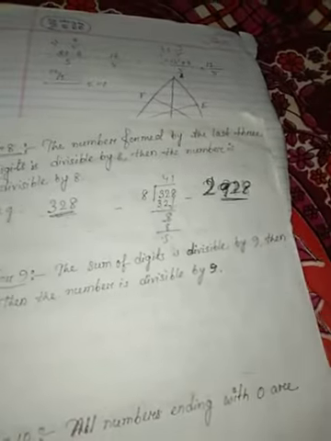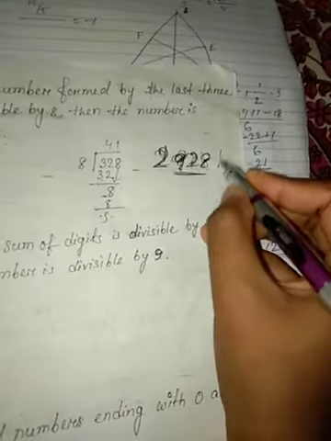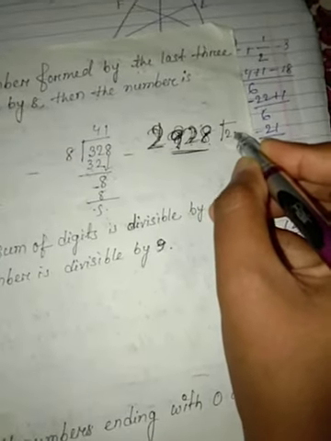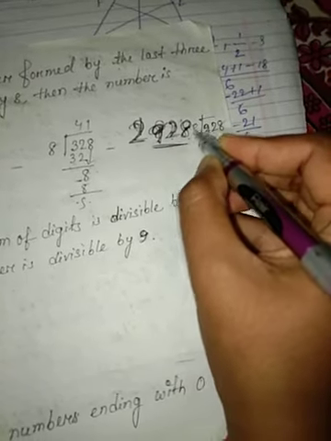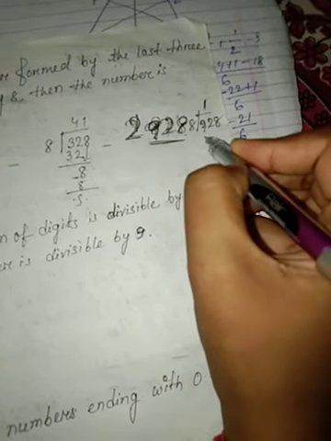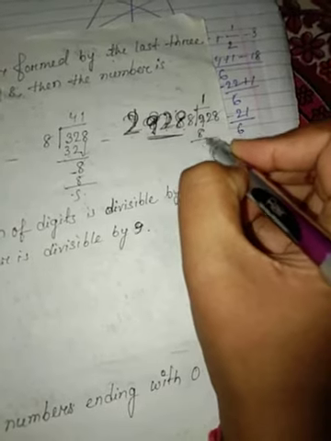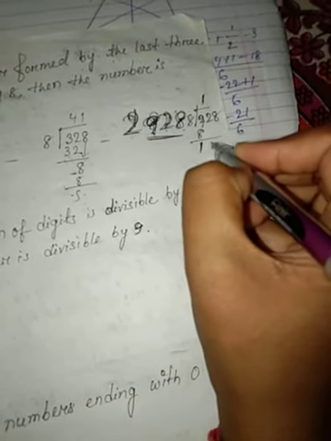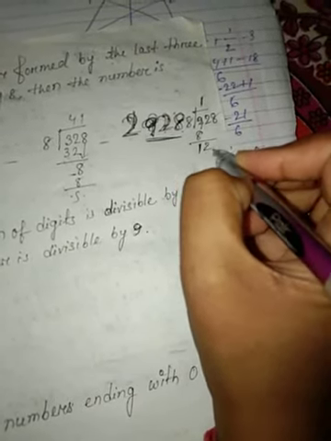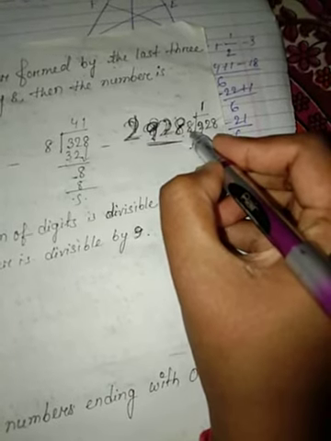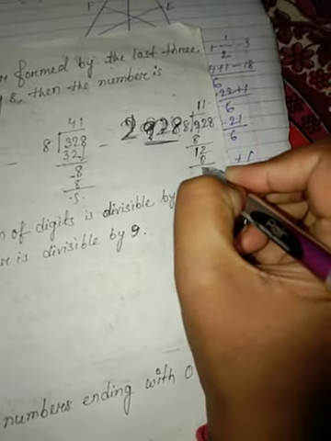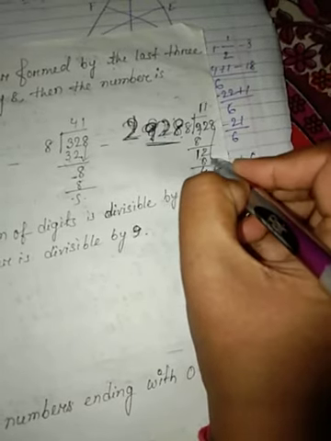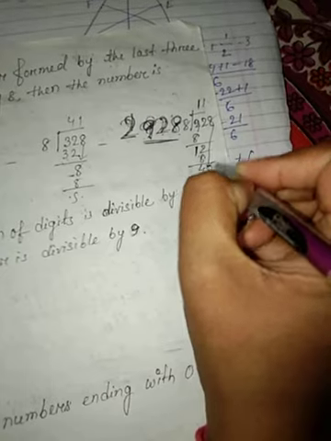Now we see whether this 928 is divisible by 8 or not. 9 minus 8 is 1, here 2 comes out. Then 8 times 1 is 8, then 4, and this 8 is put here.